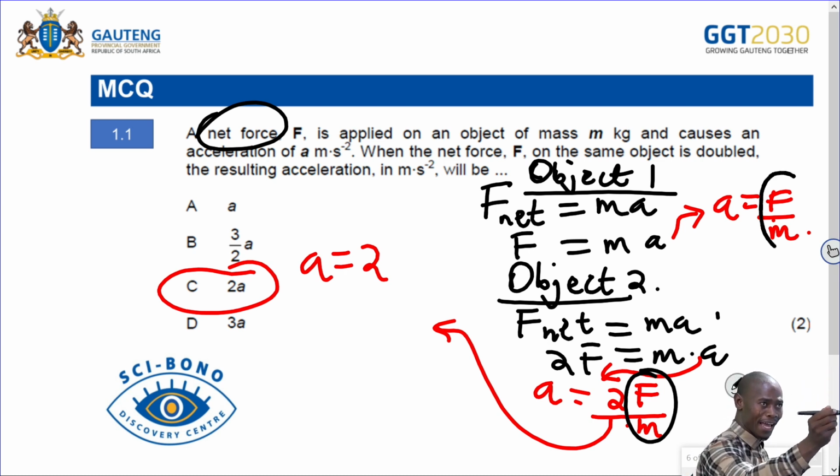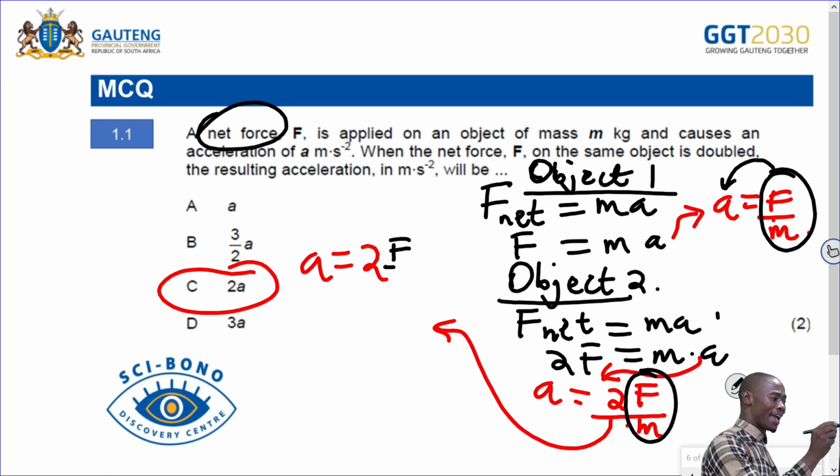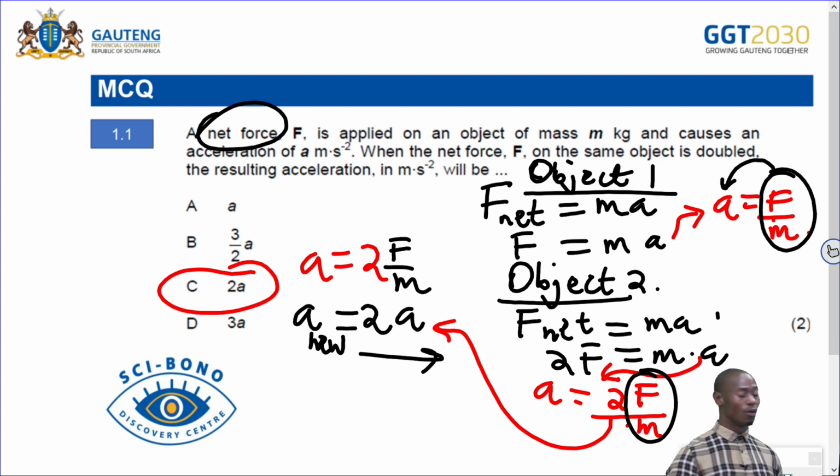It's acceleration. So it will be twice A. Which means that the new acceleration will be twice A.